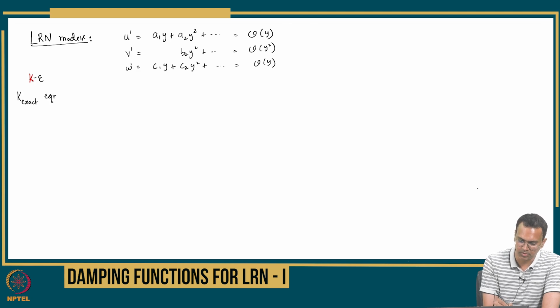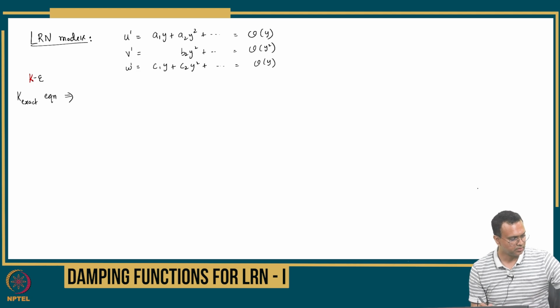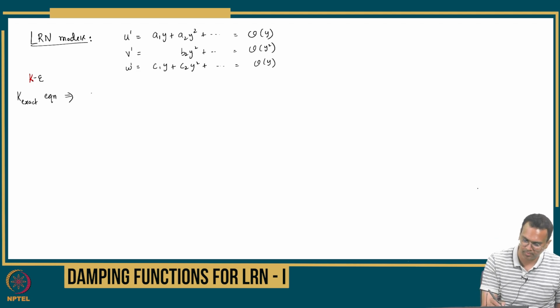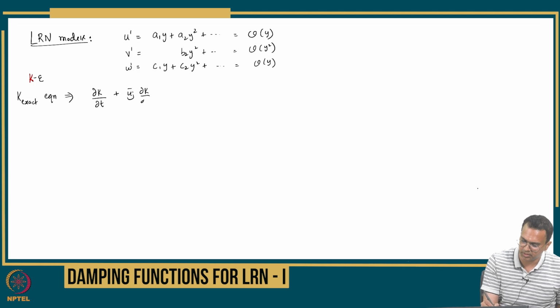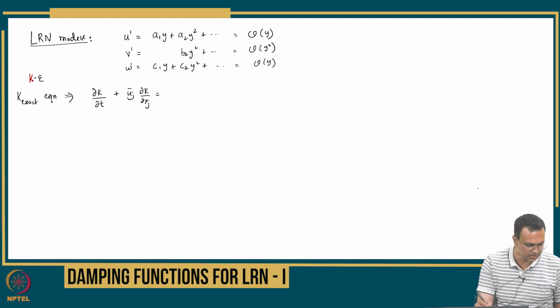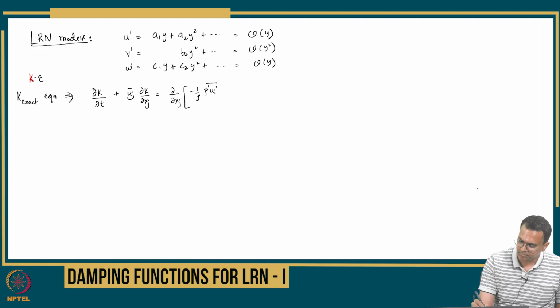K exact equation. So if you recall, it will be dou K by dou T plus Uj bar dou K by dou Xj equal to, on the right hand side you have the three terms, which is dou by dou Xj of the pressure diffusion, the turbulent diffusion and the viscous diffusion.